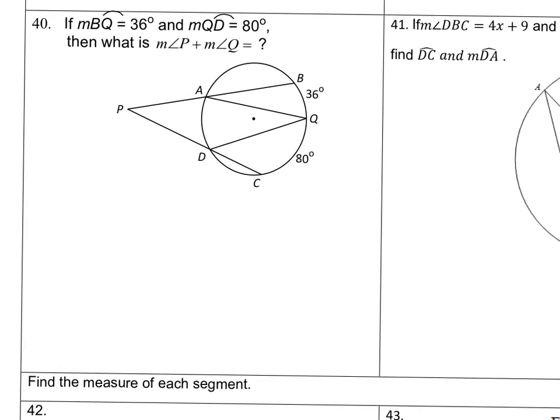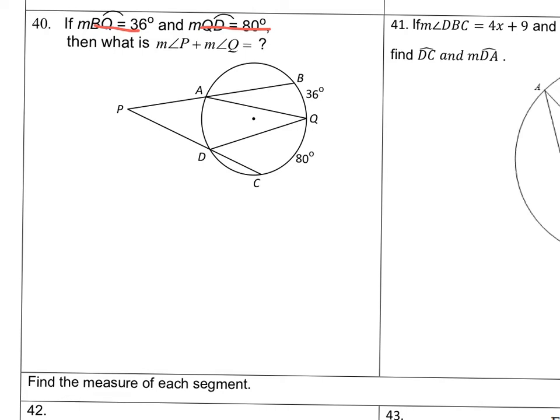So on the diagram, they already marked our arcs for us, and they want to know what is angle P plus angle Q. When I'm working this out, I want to find the relationship of angle P, and angle P, right off the bat, is an exterior angle.